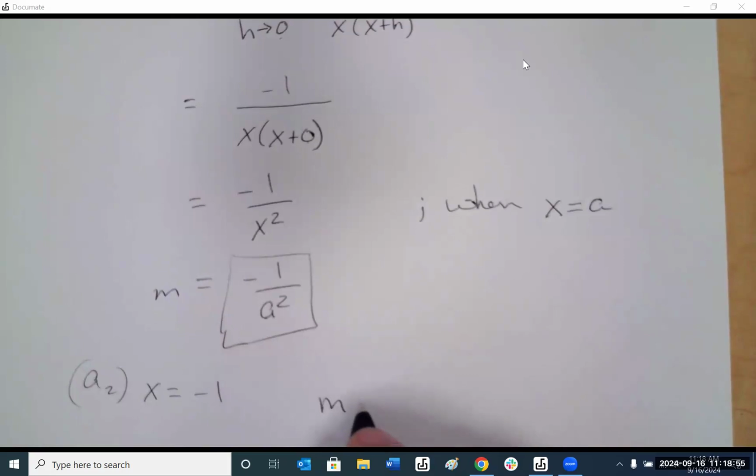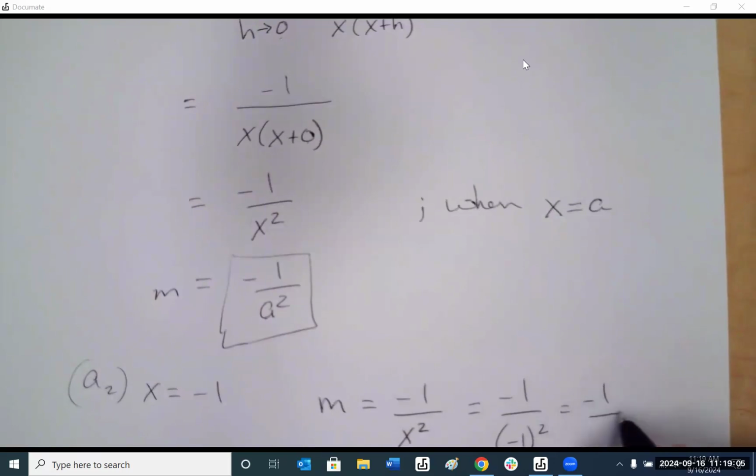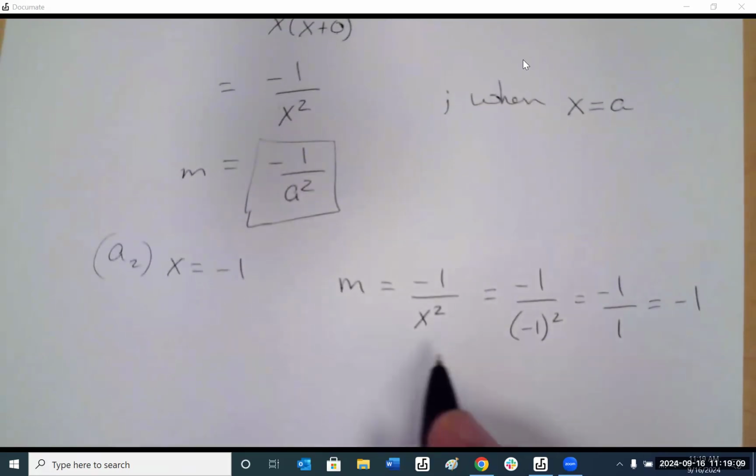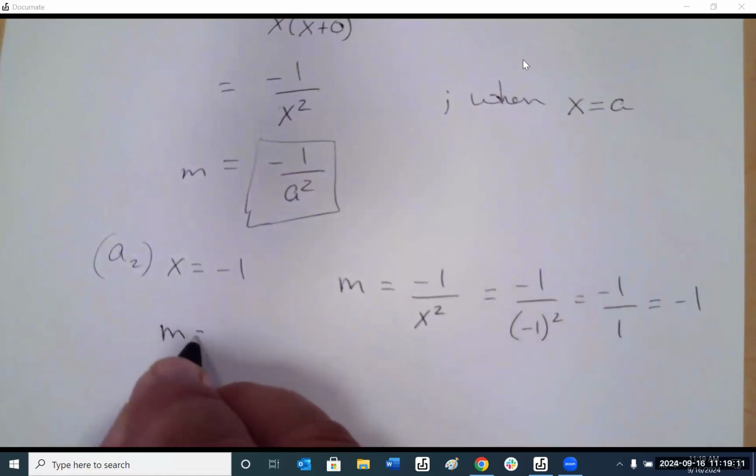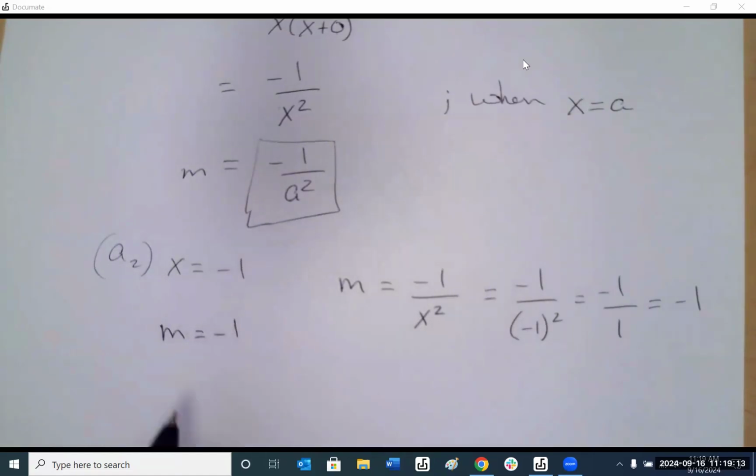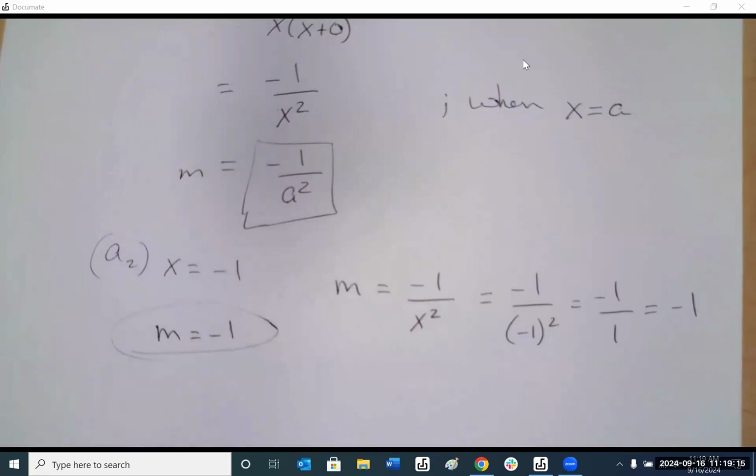So the slope of negative 1 over x squared is negative 1 over negative 1 squared. Negative 1 over 1 is negative 1. The slope equals negative 1.